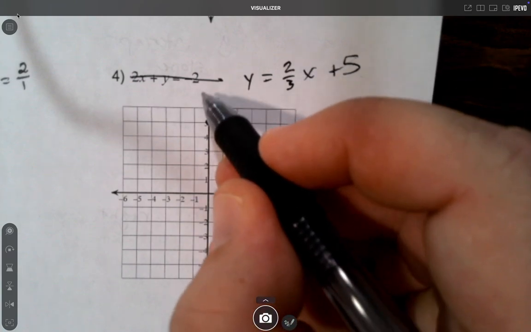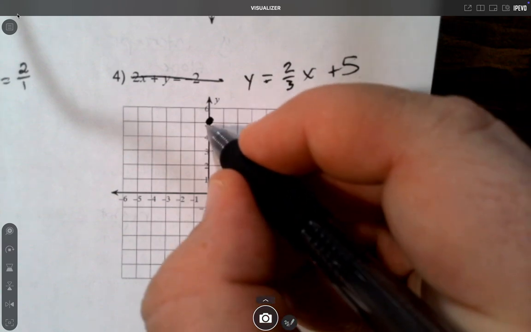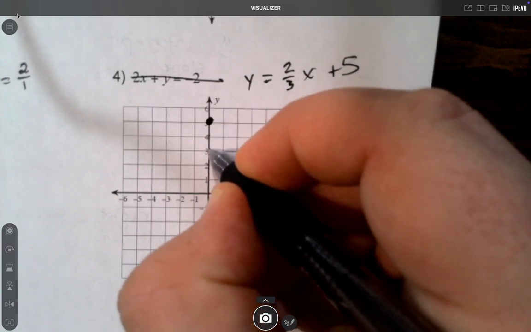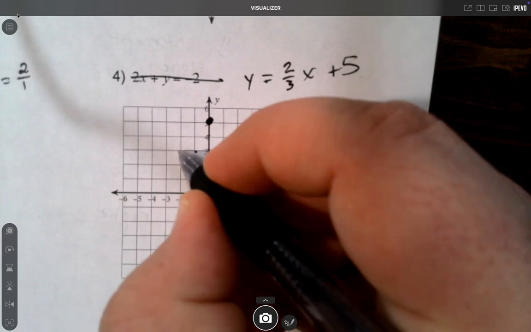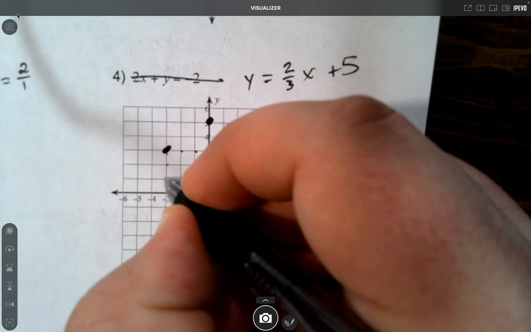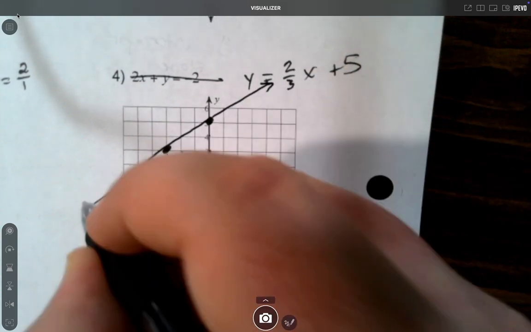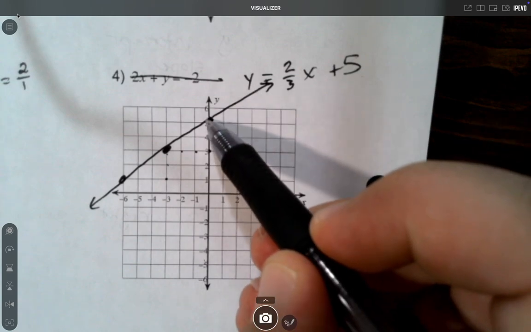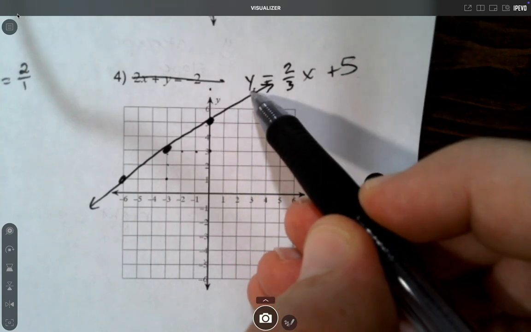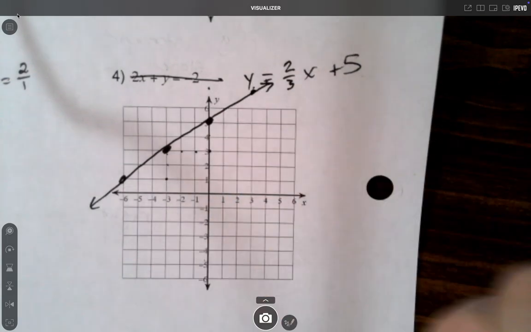But if we try to go up 2 and right 3, we're off the graph. Since we can't do that, we'll go down 2 and to the left 3. And you can see that's still following the same pattern as if we'd gone up 2 and to the right 3. It's just that's off the graph, so we went the opposite direction to stay on the graph.